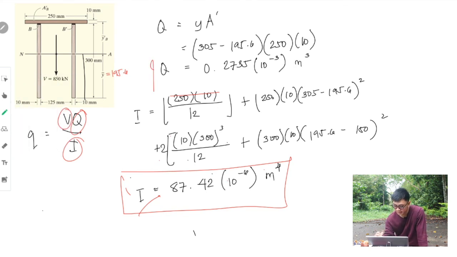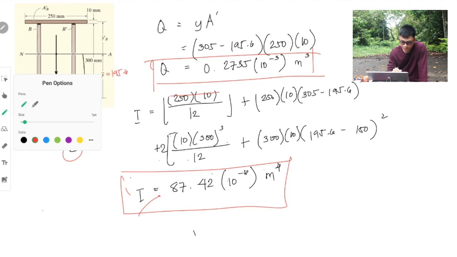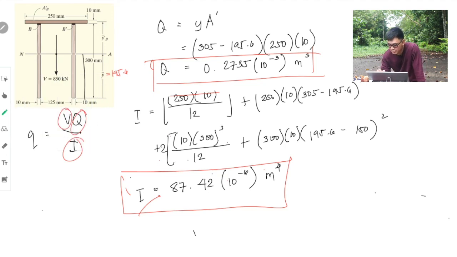So there you have it, and you get your Q. And we can now solve for the shear flow. So therefore, your shear flow is equal to, what is V? 850 kilonewton.